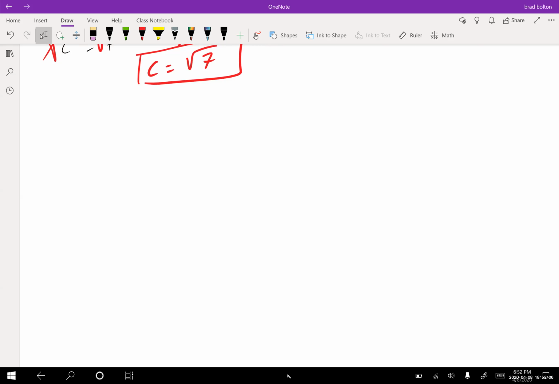So there's a little theorem that we can write that's a consequence of this, or that falls out because of the mean value theorem.